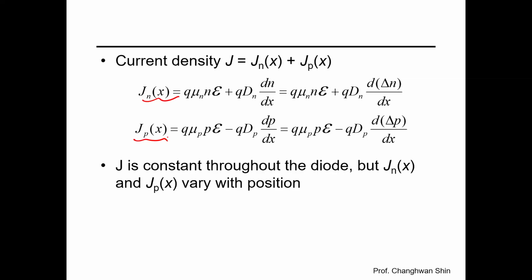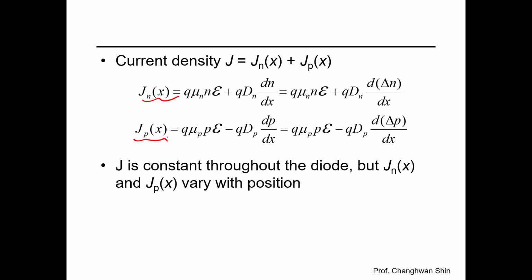It's worth noting that while the total current density J remains constant throughout the diode due to the current continuity, the individual components J sub n of x and J sub p of x can vary with position.